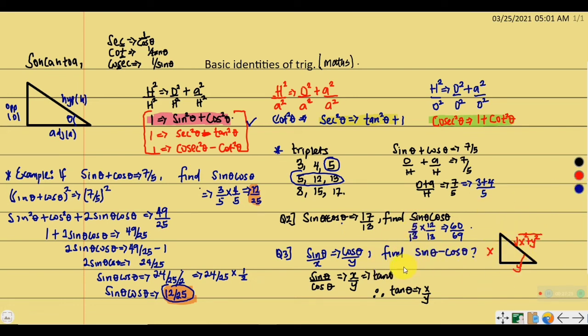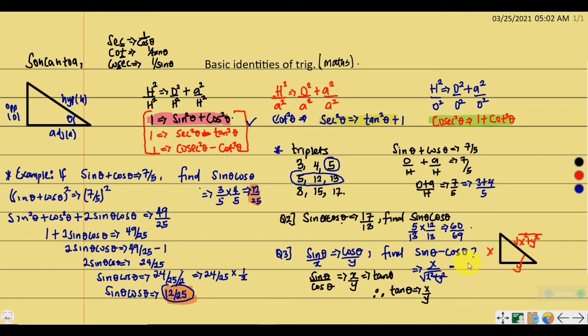Looking for sine theta minus cos theta: sine theta is opposite over hypotenuse, and the hypotenuse is the square root of x squared plus y squared, which I've gotten from Pythagoras theorem.